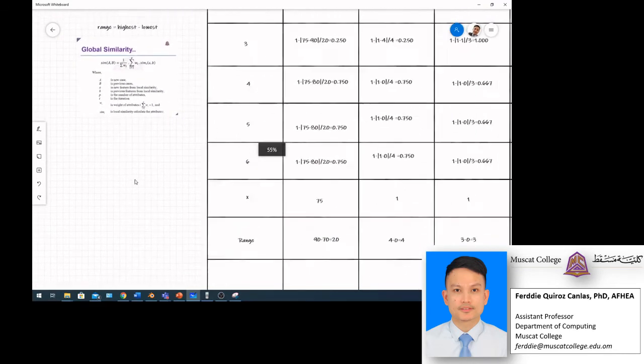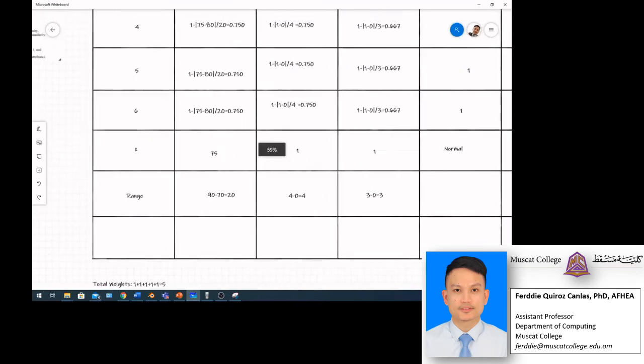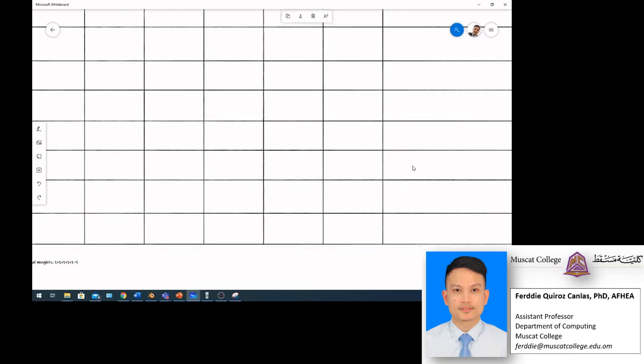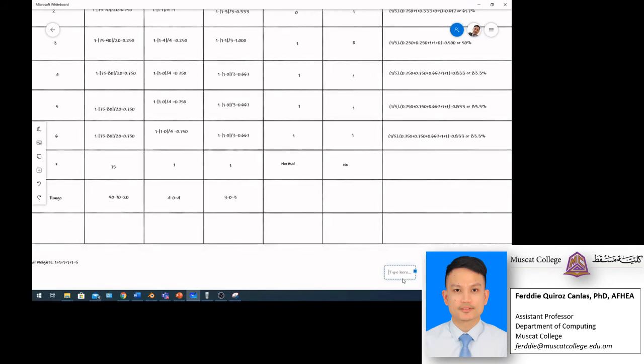So we can now conclude that patient X has no chronic kidney disease based on the similarity of cases with patients 4, 5, and 6.